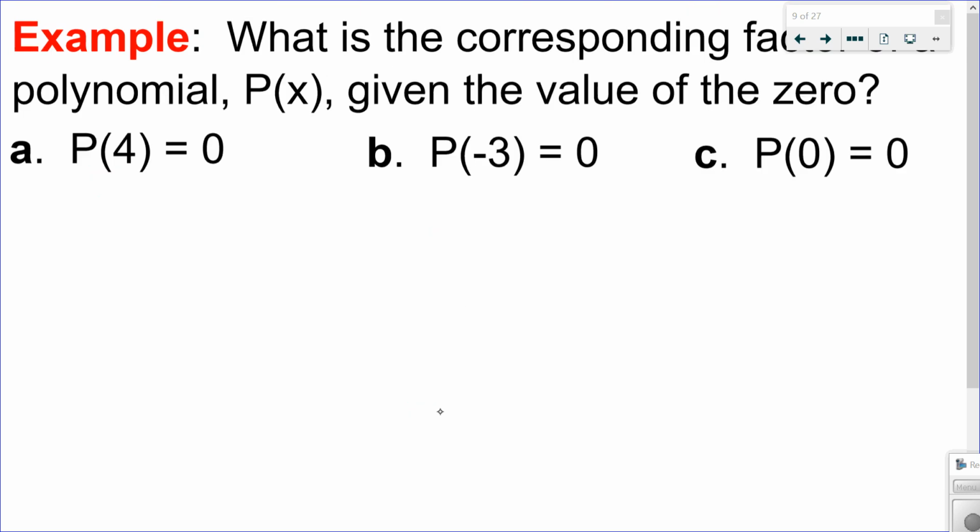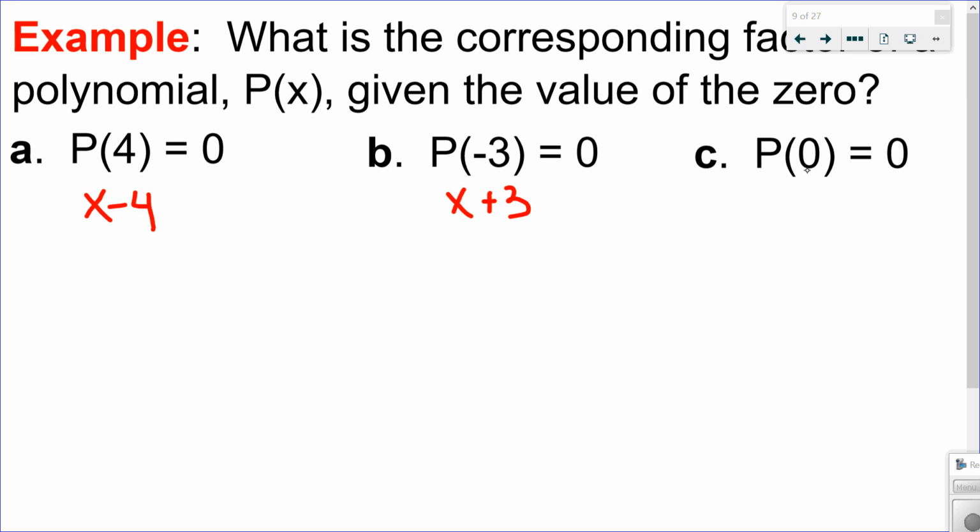So what if you know what roots make it equal to 0? What's the corresponding factor that goes with that? Well, remember that factors and roots are opposites of one another. So if the value of the polynomial at 4 is 0, that means that x minus 4 is the factor. If the value of the polynomial at negative 3 is 0, that means negative 3 is the root, and the opposite, x plus 3, is the factor.